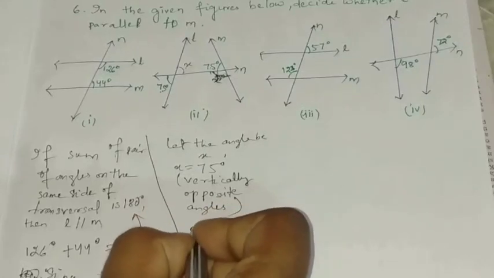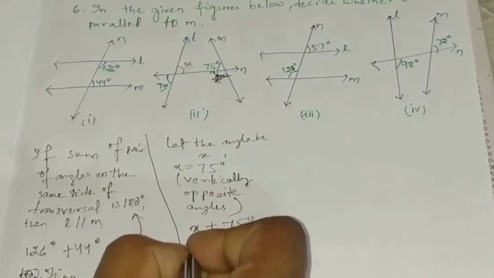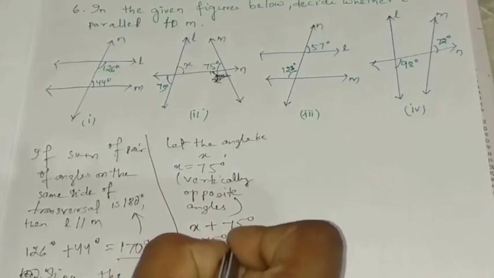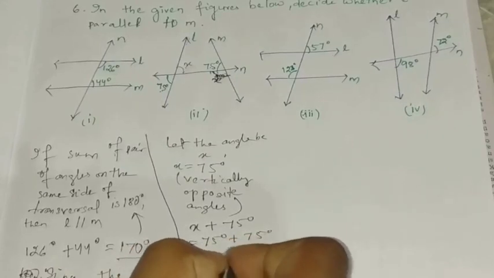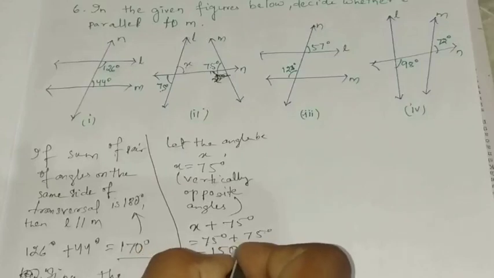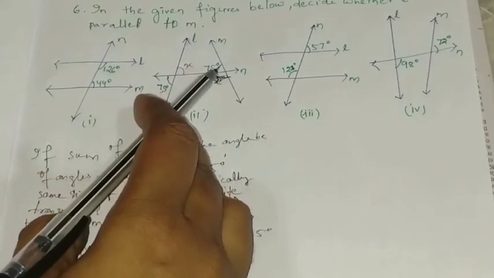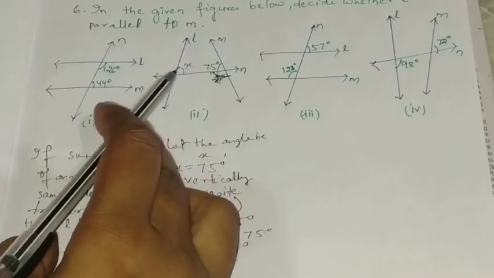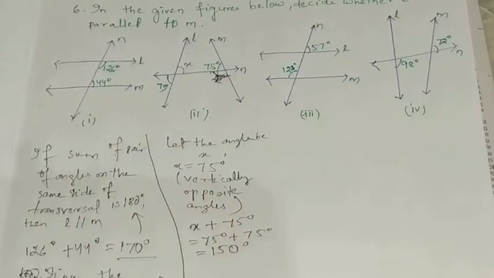So let's see. x plus 75 degrees equals 75 degrees plus 75 degrees equals how much? 5, 5, 10, 7, 7, 14, 14 plus 1, 15. So we get 150 degrees. So the sum of the pair of interior angles on the same side of the transversal is not equal.